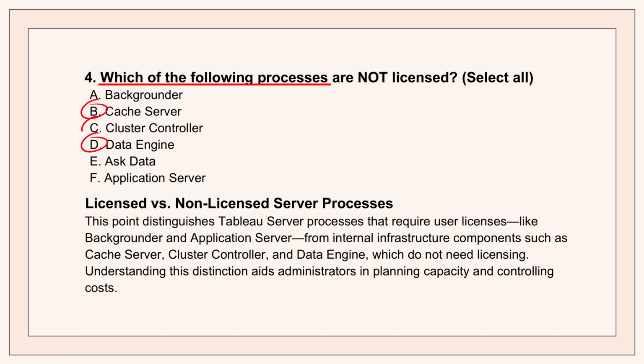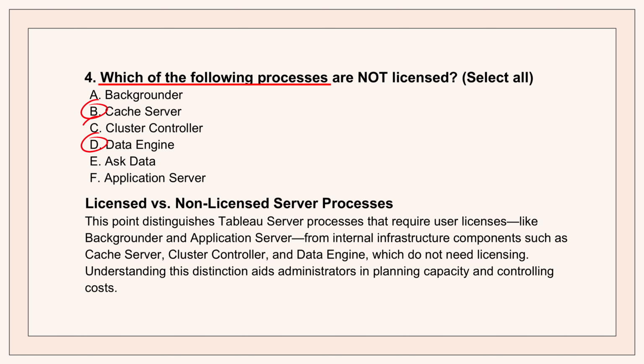Got it. Yep. Think of those as the underlying engine components. They make the server work, manage coordination, handle query processing, caching, but they aren't directly tied to a user performing an action that requires a specific license type. The licensed processes are the ones that are more user-facing or perform actions directly related to license capabilities.